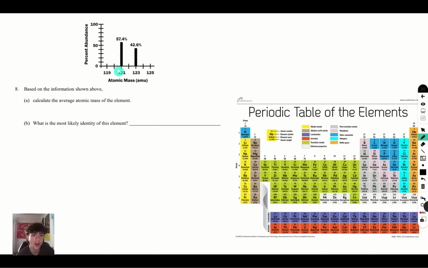In order to calculate the average mass, you get the percentage, 57.4, you divide it by 100, and then you multiply it by the mass, 121.